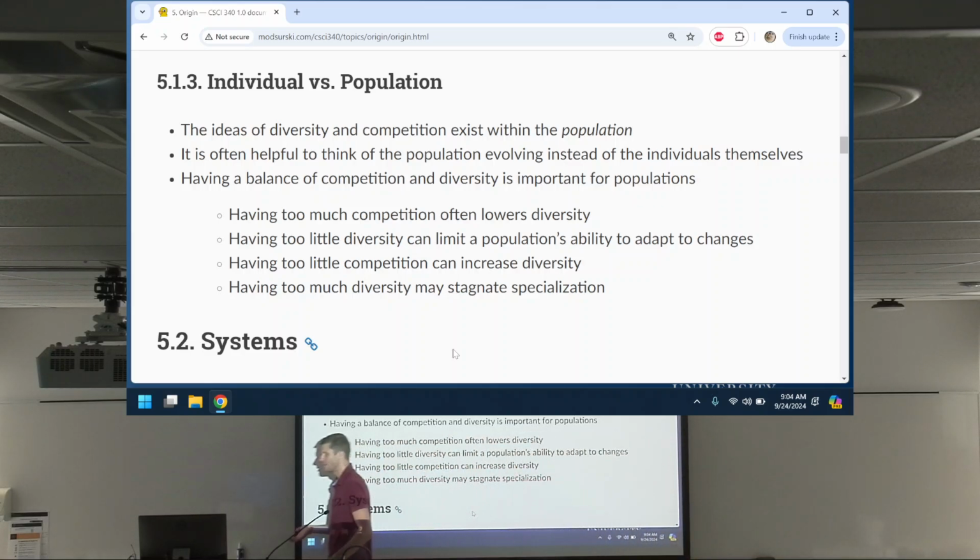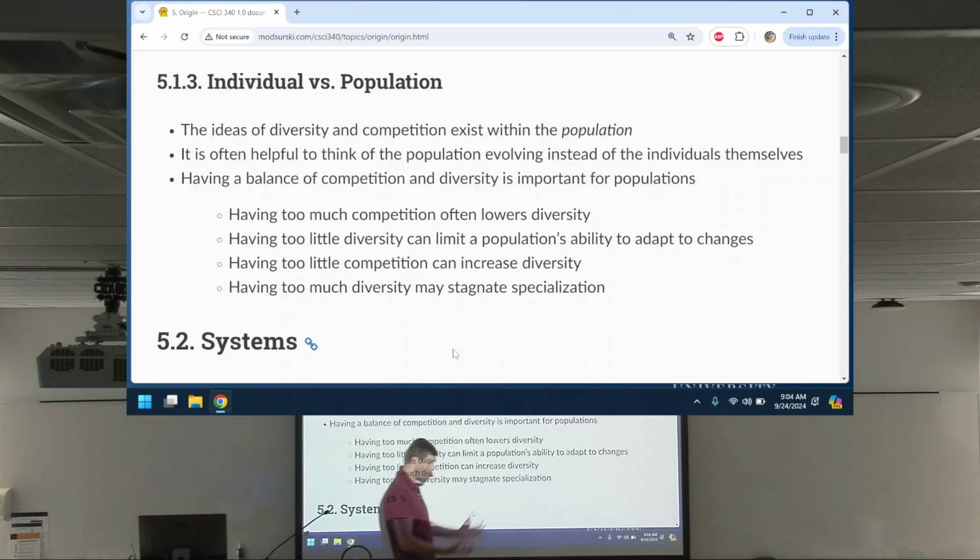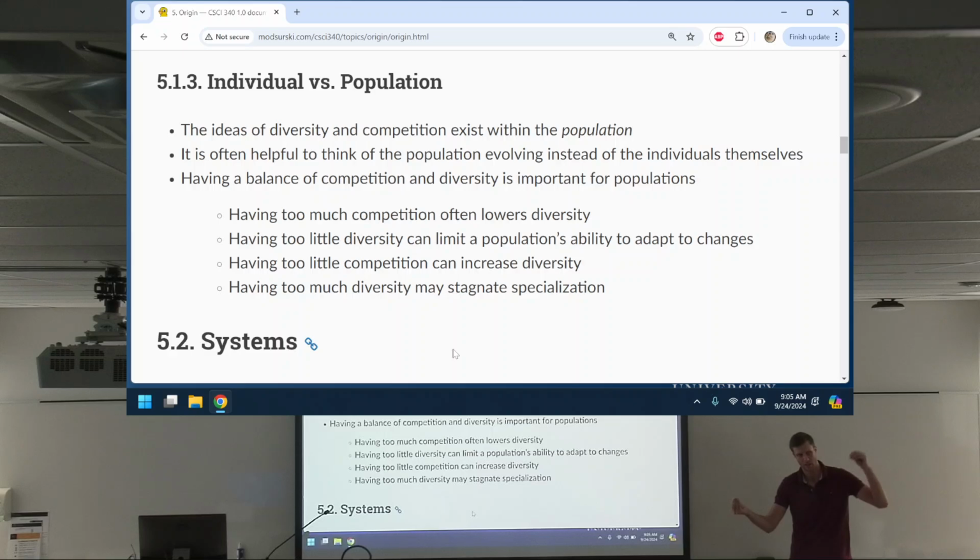And having a balance of competition and diversity is very important for populations in the long term. In evolutionary computation, two of the key driving forces are competition and diversity. These are two very important forces.